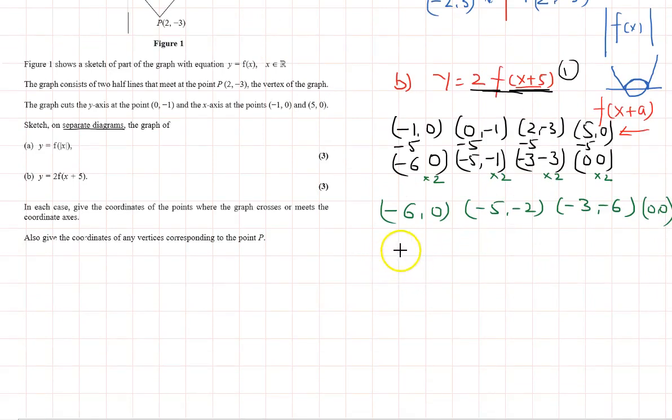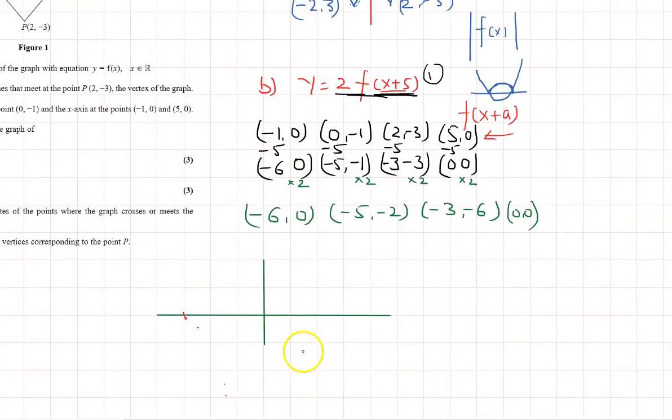So if I draw the graph, that will be minus 6 and 0, minus 5 and minus 2, minus 3 and minus 6, and 0, 0.